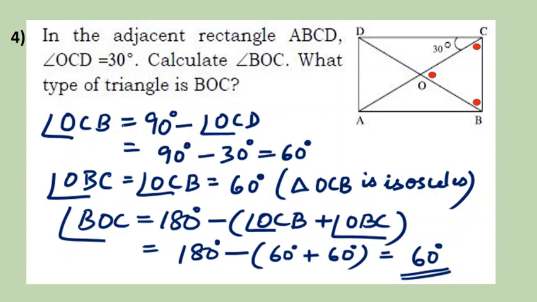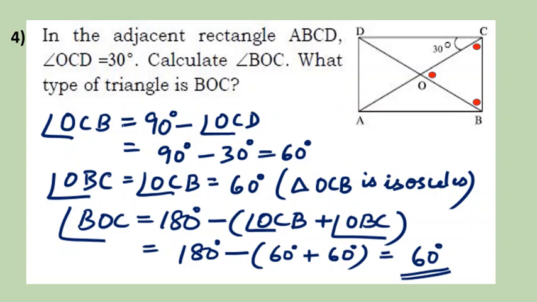Now OBC, the upper part of the full angle B, is equal to OCB. What is the reason, you know? It is because it is an isosceles triangle.